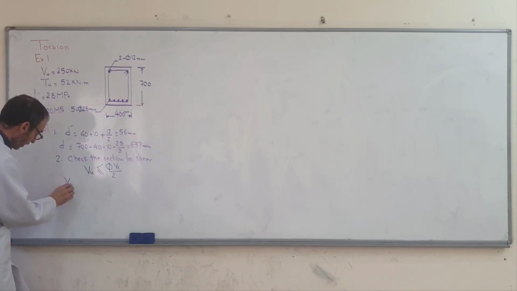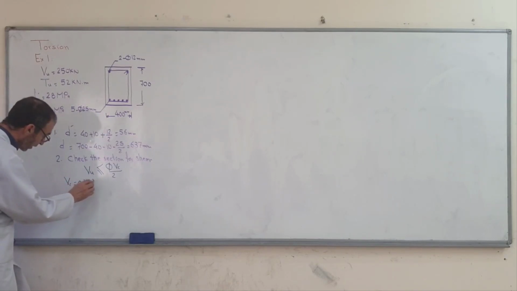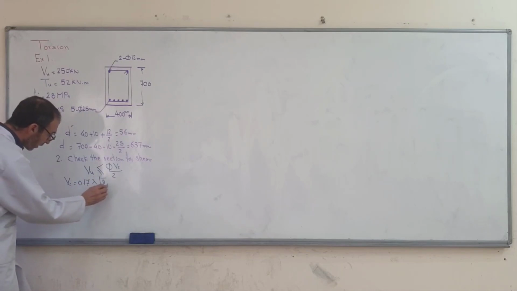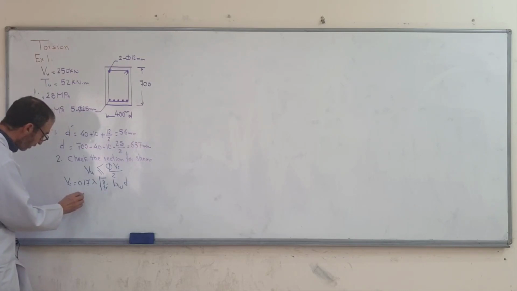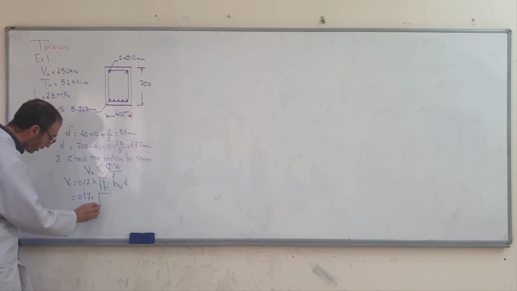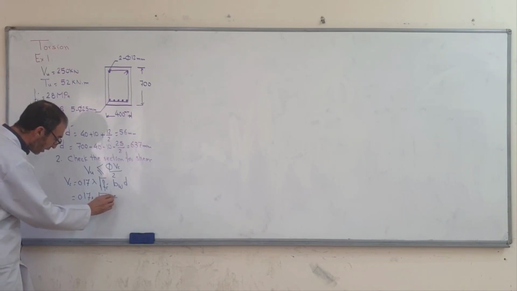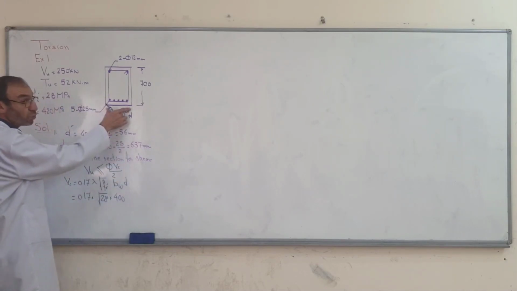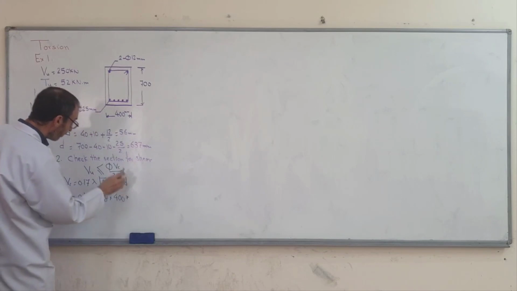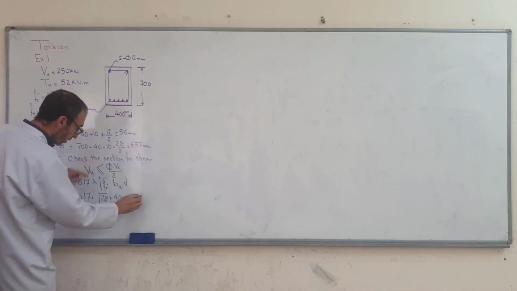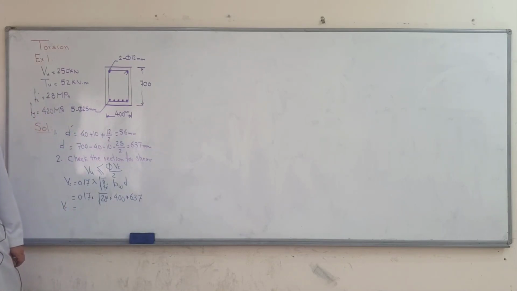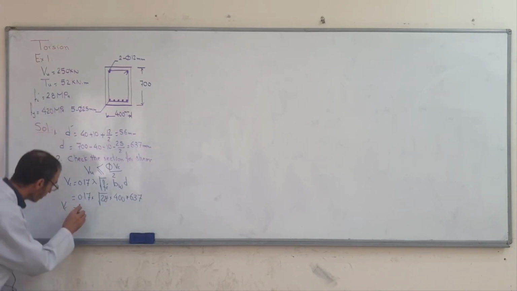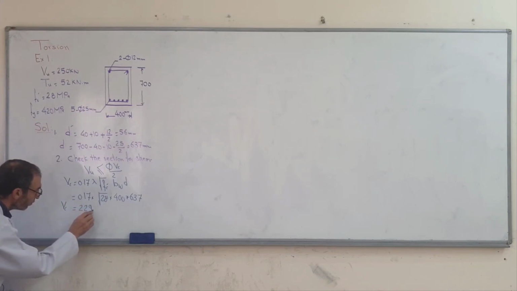Vc equals 0.17 lambda square root of f'c times bw times d, with lambda equal to 1 and f'c equal to 28. bw is the width of the beam, and we found d. Then we found Vc equal to 240.4 kilonewton.